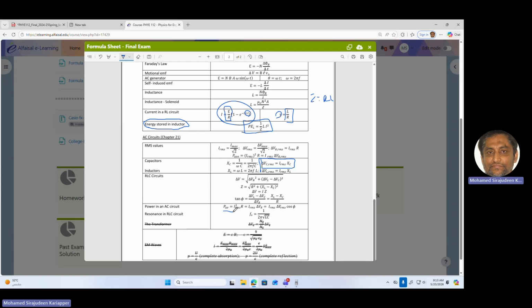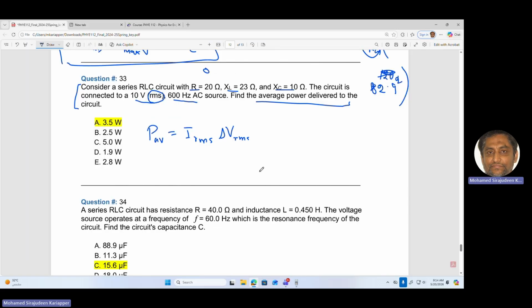The power in a circuit is this: I squared RMS times R. We don't have the I. Well, the power delivered, we have to get it in terms of this: IRMS squared times R. So how do you get the current?